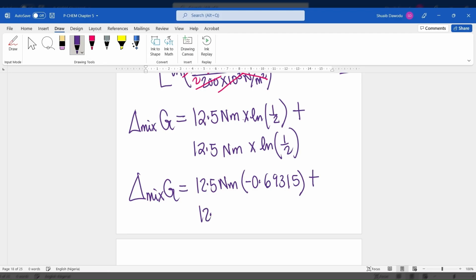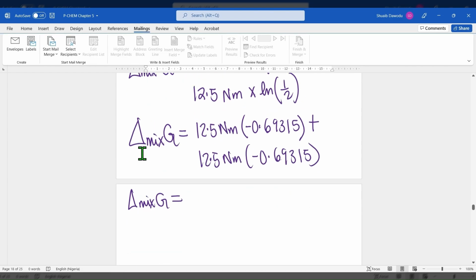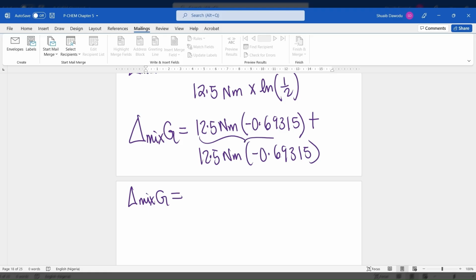Plus 12.5 Newton meter multiplied by negative 0.69315. When you input this in the calculator and add them up, you end up with negative 17.32875 Newton meter.